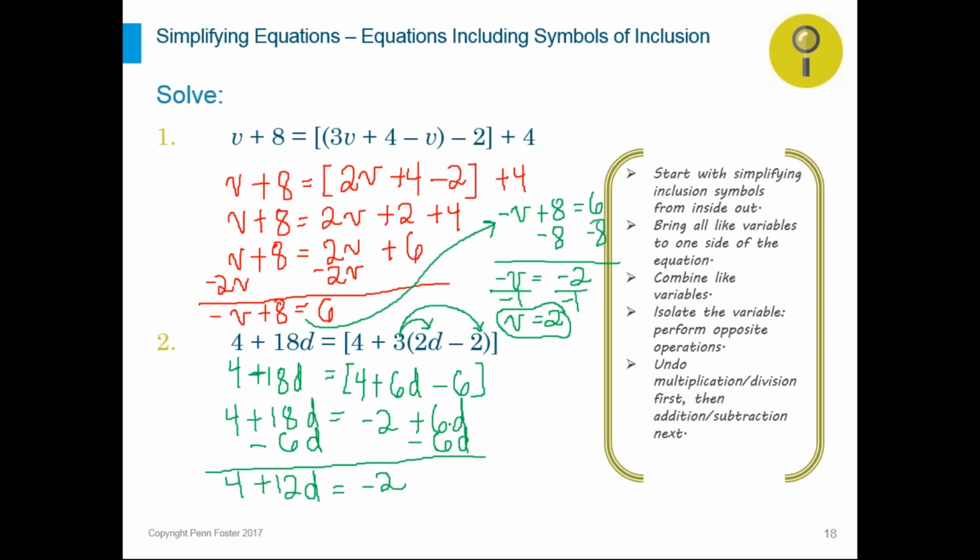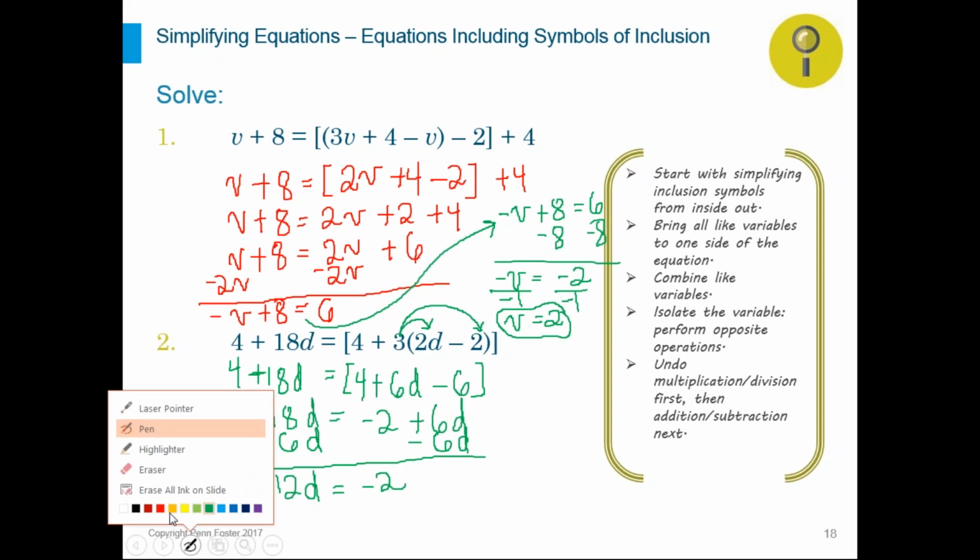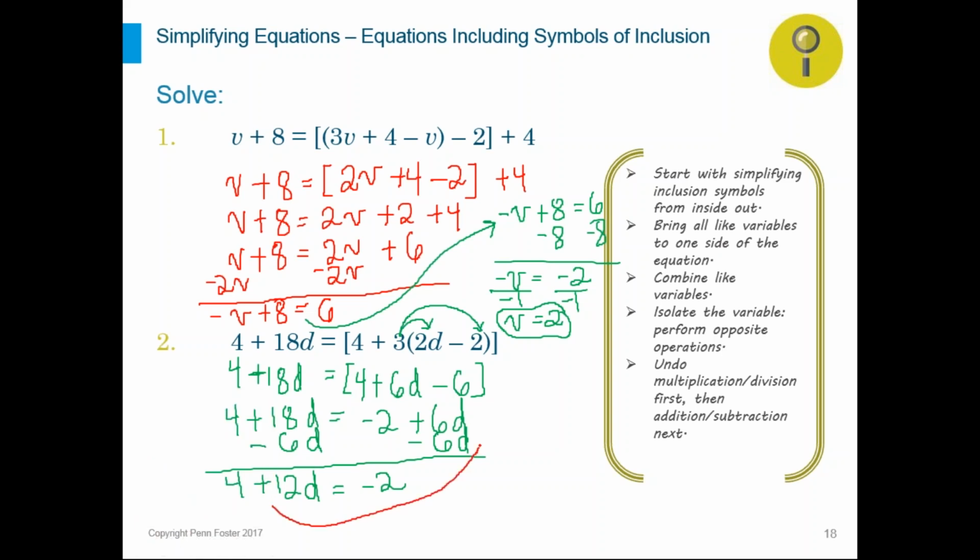Okay, I have now an equation with two operations, multiplication and addition. What should I undo first? I'm going to undo the addition. So I'm going to finish my work on this side. Let's rewrite the last line: 4 plus 12d equals negative 2.